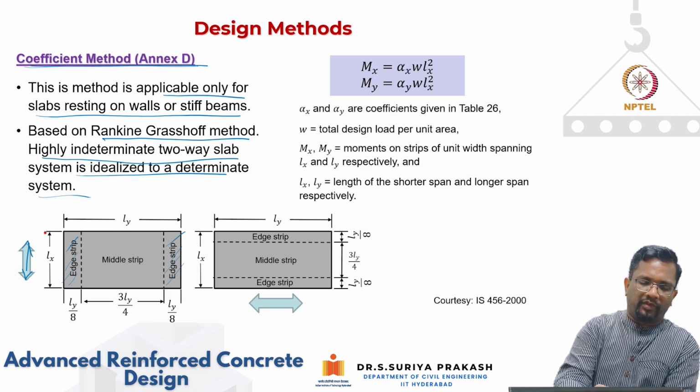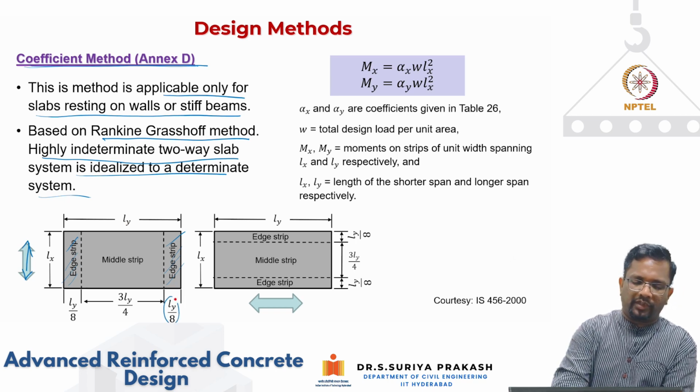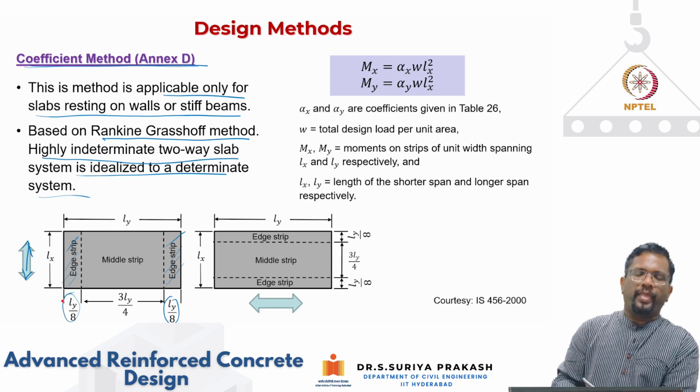If it is spanning Lx and the width is Ly, the width of the edge strip is going to be Ly by 8 on each side. The remaining distance is going to be 3 Ly by 4. That is what we are going to call the middle strip.